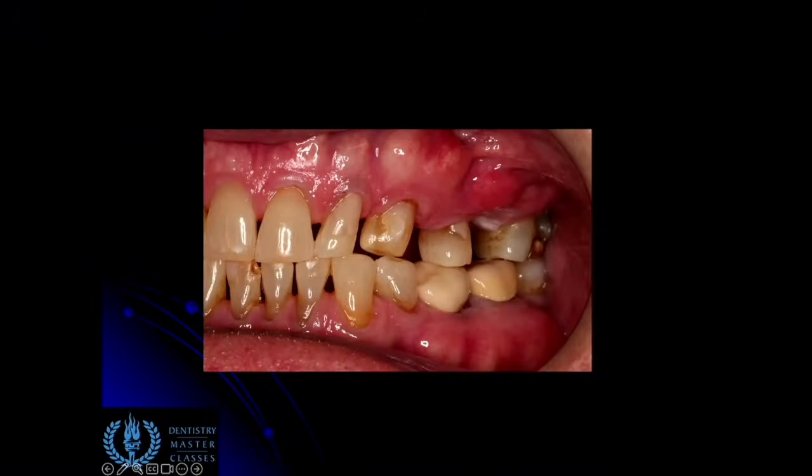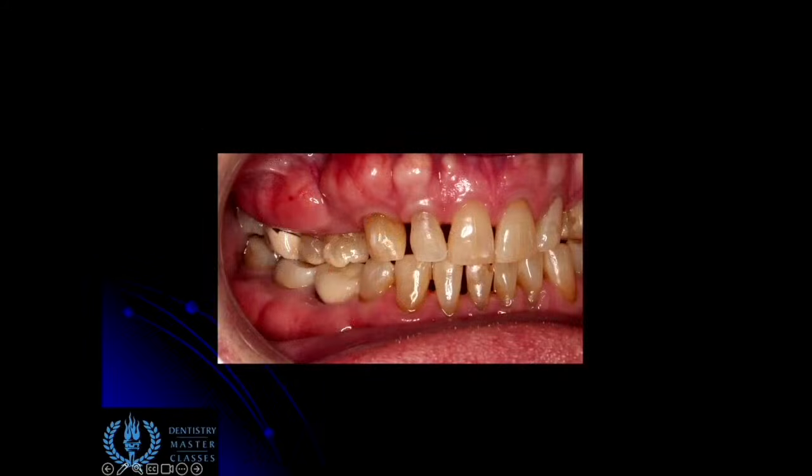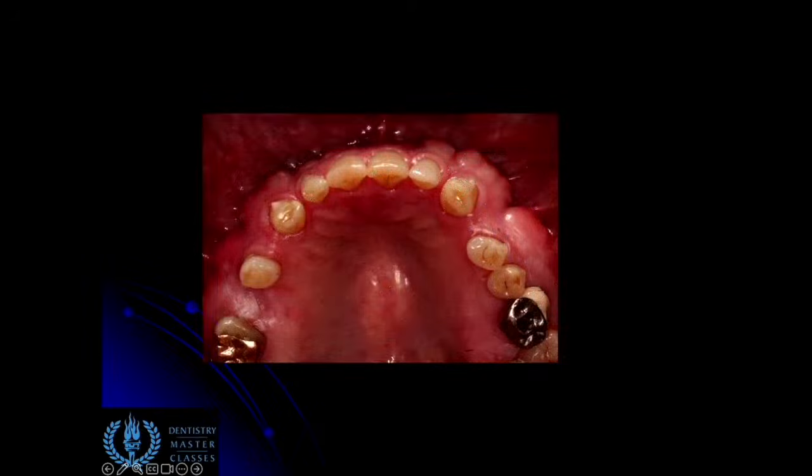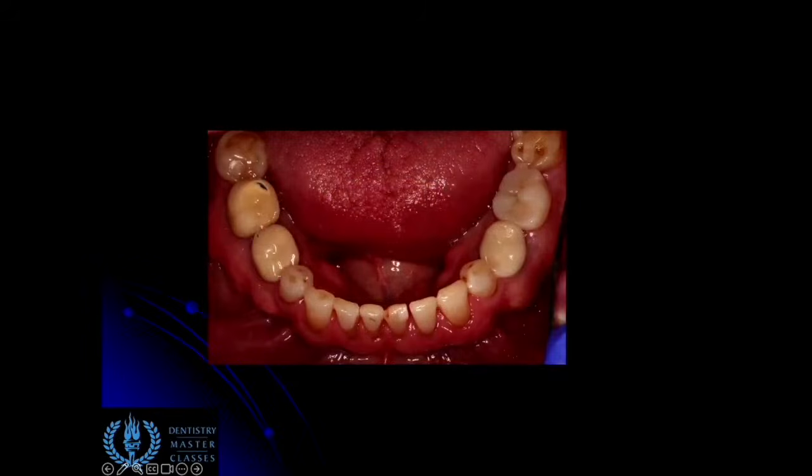So I've either got to make these spaces wide enough for an implant or a bridge, or close enough together that we can place veneers or crowns. See, same thing. They've either got to be wide enough for a tooth, for an implant or a bridge, or close enough together that you can place adjacent restorations and close the space.